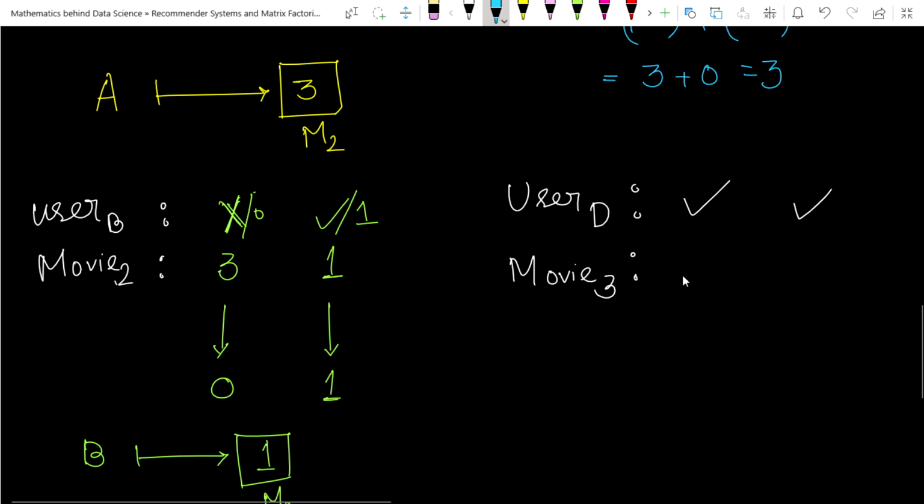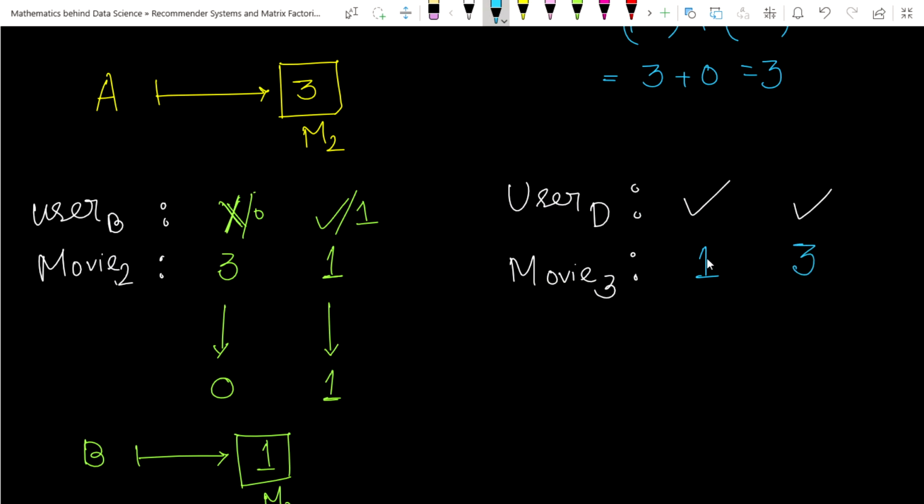And the ratings we have got from the previous users for movie 3 are: the rating for comedy is 1, and the rating for action is 3.